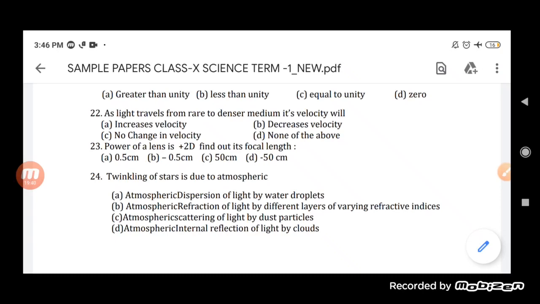Okay, so the planets do not twinkle but the stars twinkle. The reason behind it is that the stars are far apart from each other, so when a ray of light comes from the source, it undergoes continuous refraction due to the different layers with different refractive indices, and the stars start twinkling.